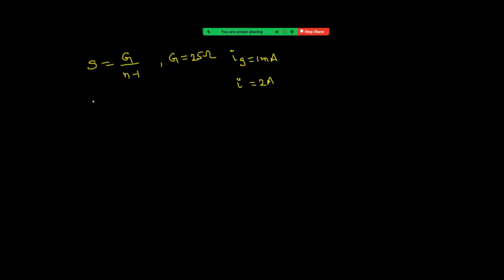That means S equal to 25 upon, now see how much, 2 by 1 milli, that is 2000, minus 1. Compared to 2000, 1 is very small. So approximately 25 by 2000. That is the resistance that we have to add in parallel to the galvanometer.